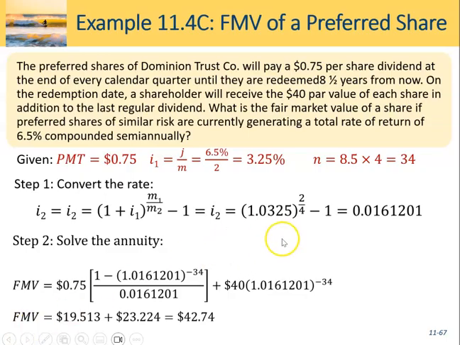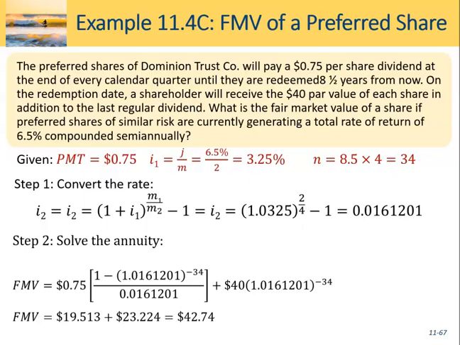If you put that all in your calculator, you will get the same answer as what it's given you here, that the fair market value is $42.74.